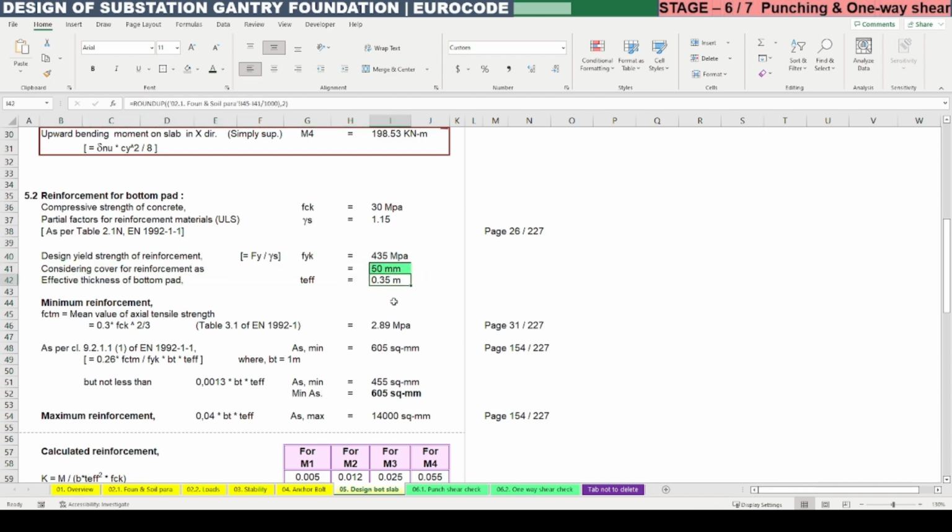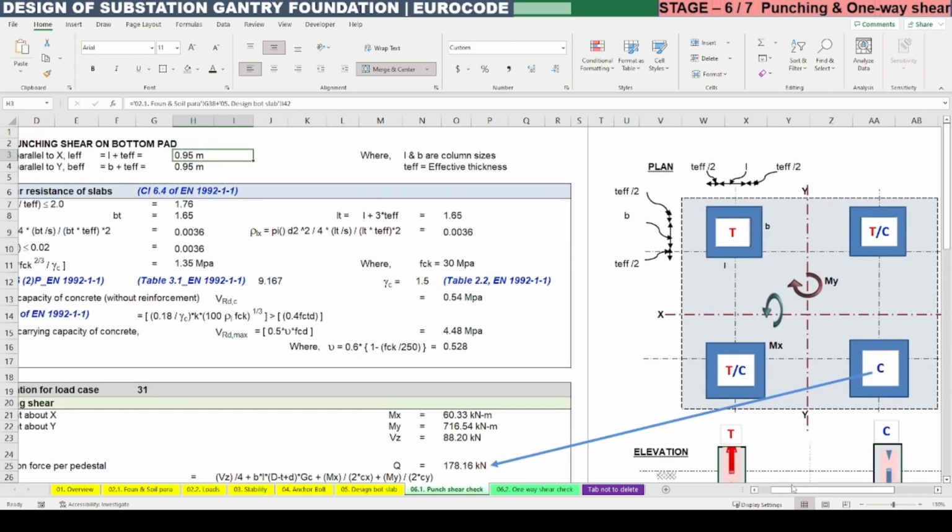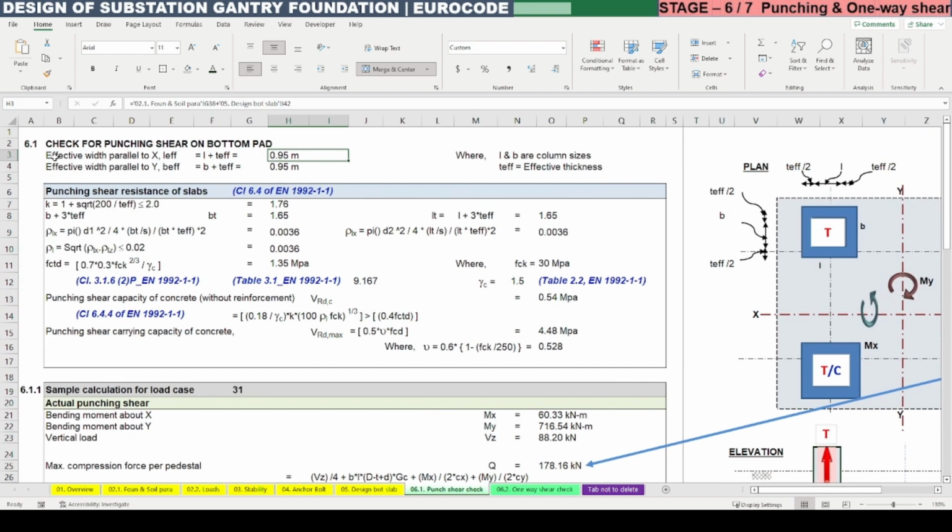So 400 minus 50 mm is 350 mm, which was considered here as T effective. So the effective length parallel to X and Y is 950 mm. L and B are the column size and the effective thickness of the slab is T effective.